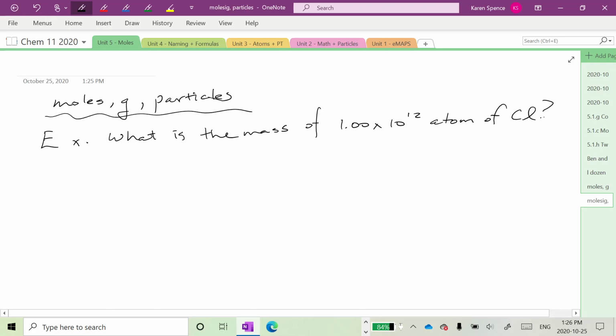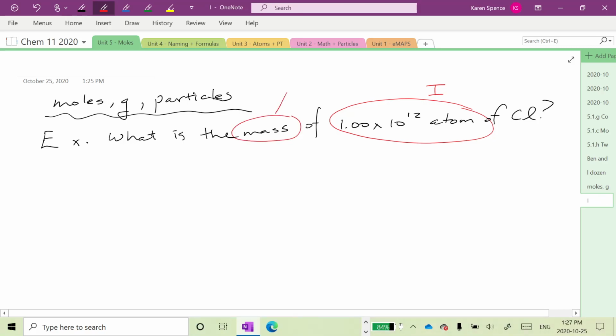So what we're going to have to do is start with our initial quantity, the number of atoms, and we want to find the mass, which is going to be grams. And so our map is going to go as follows. We are going to start with 1.00 times 10 to the 12 carbon atoms.